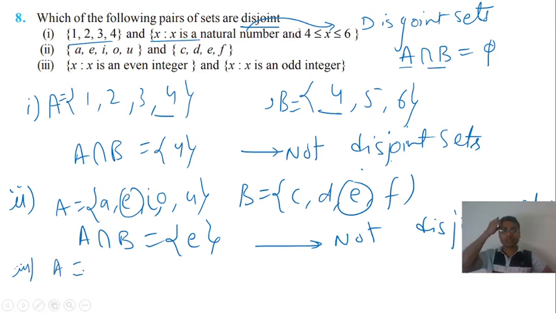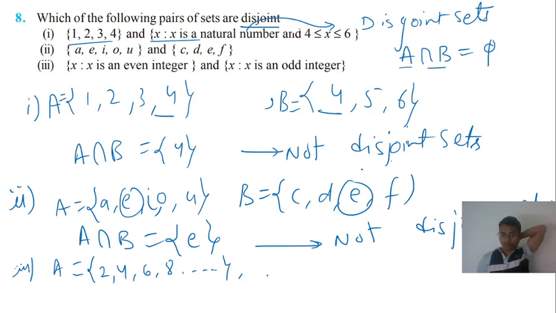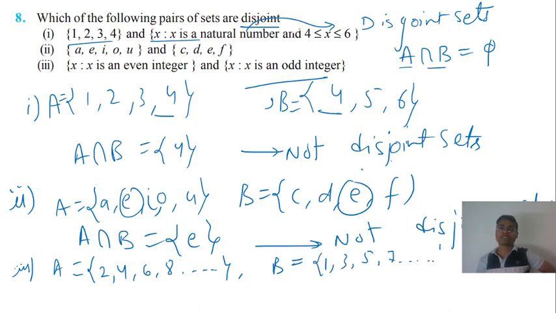Okay, coming to part 3 of this question. The first is saying x, such that x is an even integer. What are even integers? 2, 4, 6, 8, and so on. And B is x, such that x is an odd integer. Odd integers are 1, 3, 5, 7, 9, and so on. As we can see, A and B, even and odd, have no elements in common.